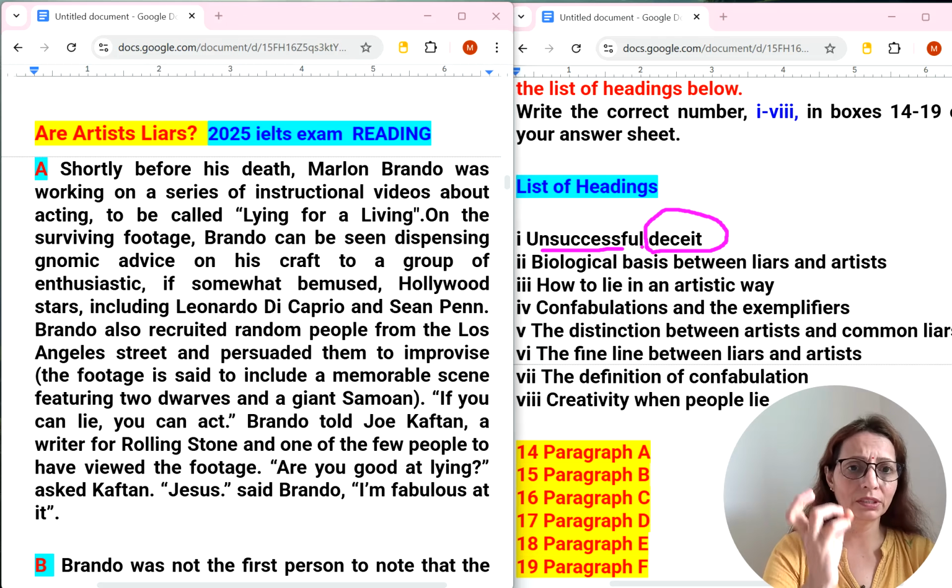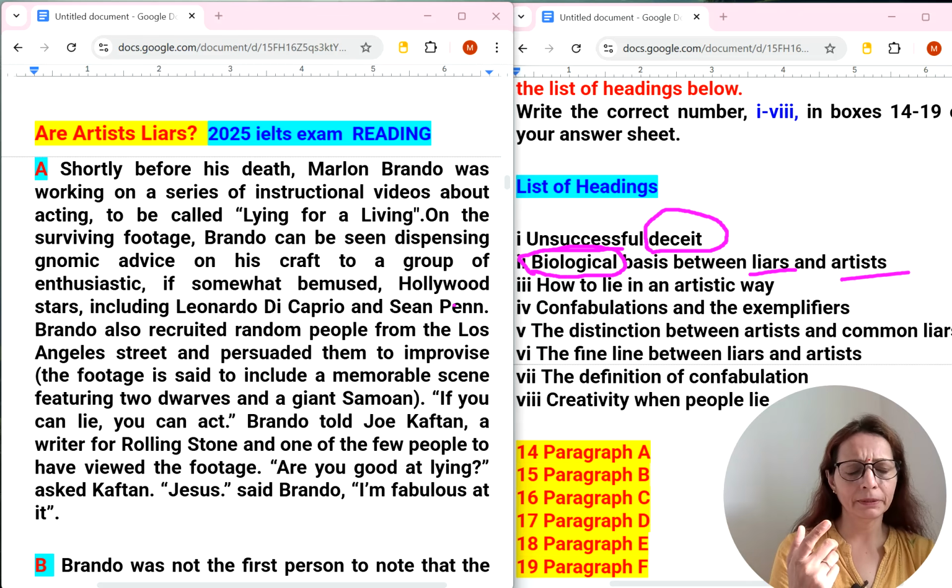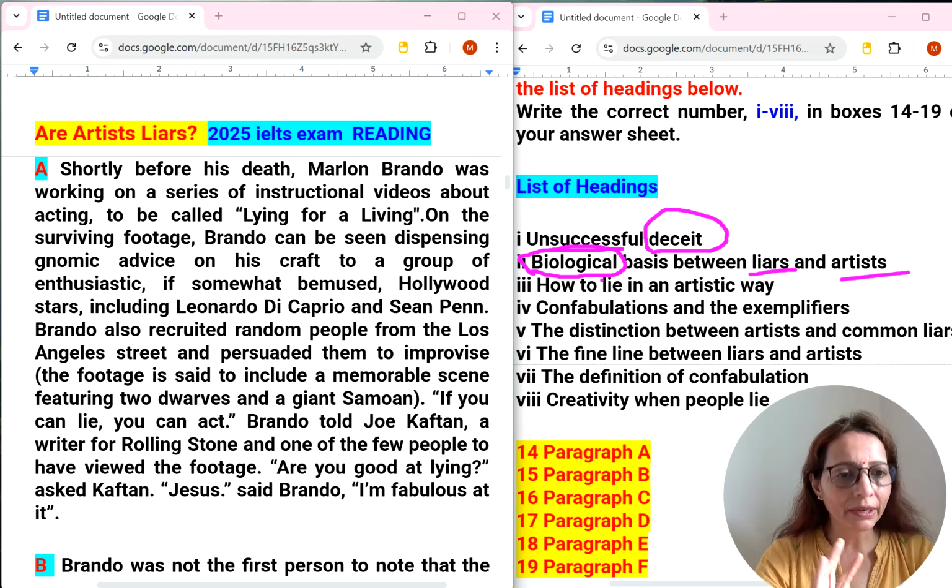You can say unsuccessful deceit kind of thing. Then biological basis between liars and artists. The word biological is important here. Biological relates to inherent things, like biological parents. So blood related, you can say.